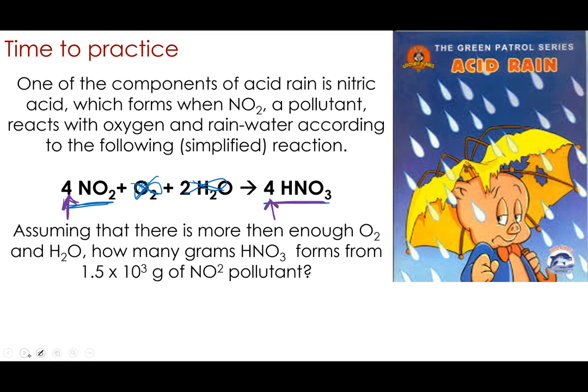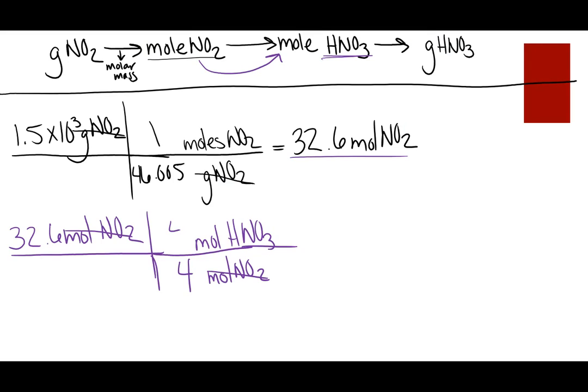Oh, also the coefficient 4. Okay. So multiply across the top, divide by the bottom. And what you'll see when you do that is that we also have 32.6 moles of HNO3.